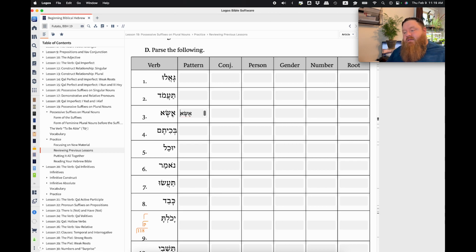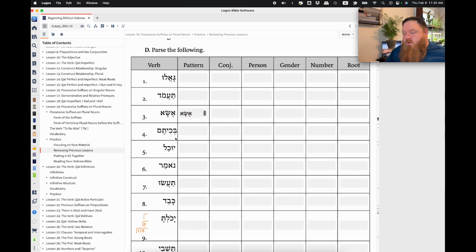That is nasa. Nasa is he lifted up, he went up, something like that. Brought up, took up. Could mean a lot of different things. I think of Nassau, lift off, take off, going up. But here it's in the Cal Imperfect 1CS form. So that would be we will lift up.